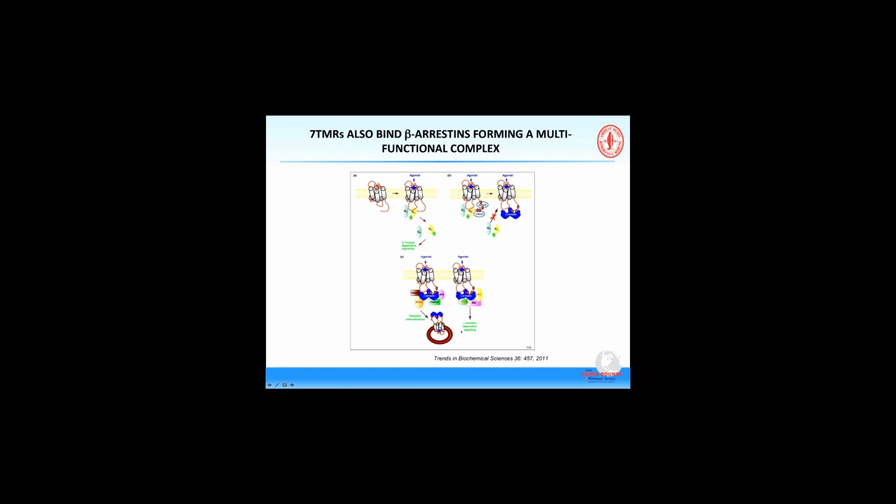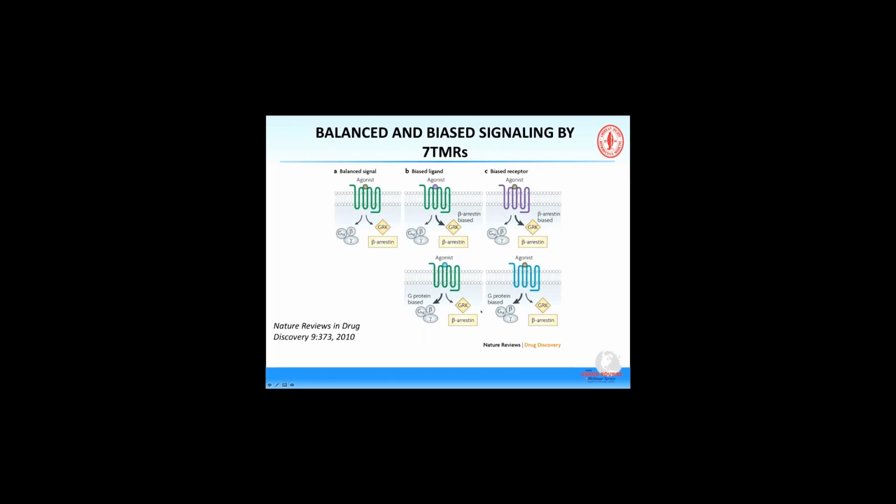And then as a consequence of the formation of this complex, there's an additional set of signals that is now dependent on beta-arrestin as opposed to G proteins, that is important in the action of these 7 transmembrane receptors. And this is the reason why people want to change the name, because they're really not just G protein coupled receptors anymore. It's true that they are, but it is also true that they now work through this beta-arrestin pathway.